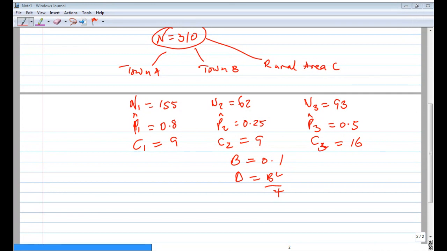for calculating the sample sizes for each stratum, if you still recall, is Ni times the square root of Pi Qi.